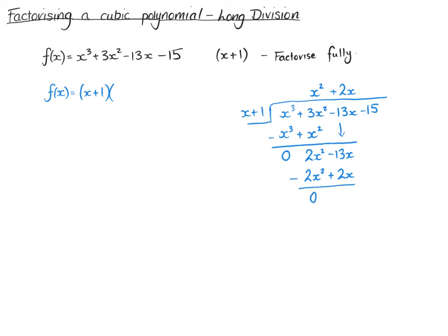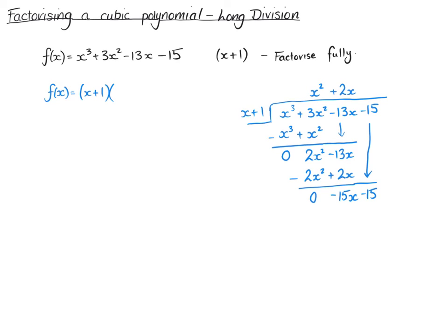Always put in the 0 to make sure that it is 0. Double check every time, don't just assume. Okay, then we've got minus 13x take away 2x, which is going to be minus 15x. The 15 comes down and joins there.